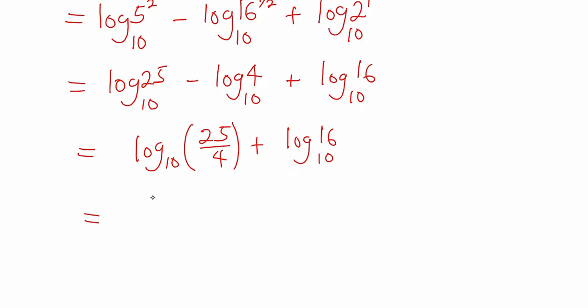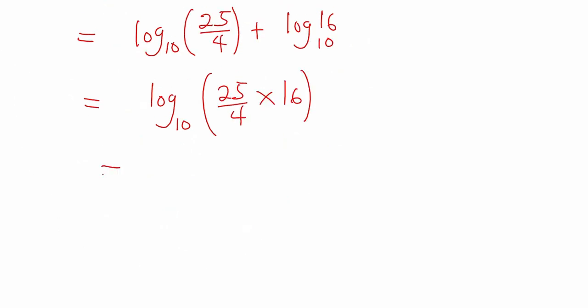Now with this, we can write this as a single logarithm to the base 10. We have 25 divided by 4, and once they have the same base and they are adding, we can multiply the argument. We continue, and we can see that we have logarithm of, now 4 cancels itself once and goes into 16 4 times, and we know 25 times 4 gives us 100. So logarithm of 100 to the base 10.